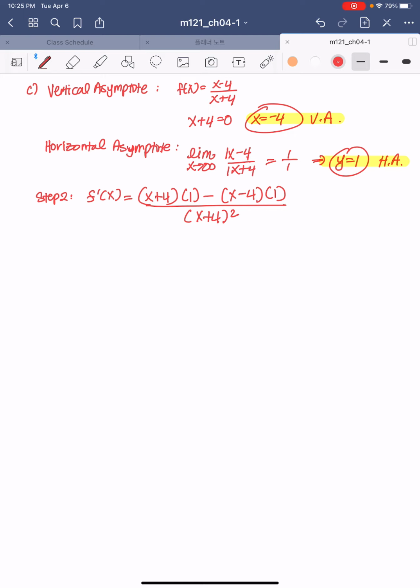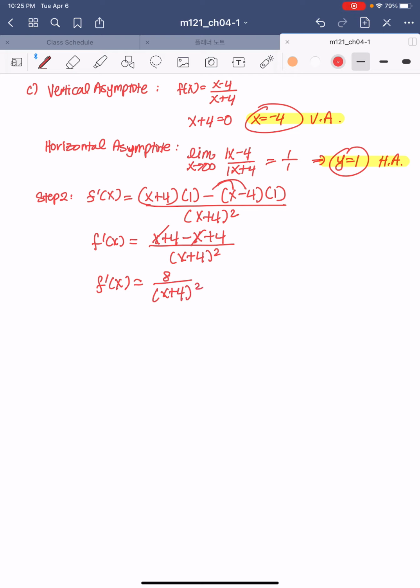So f prime of x will be (x plus 4), if I distribute this 1, minus (x minus 4), over (x plus 4) squared. So my first derivative will be, x cancels out, 8 over (x plus 4) squared.